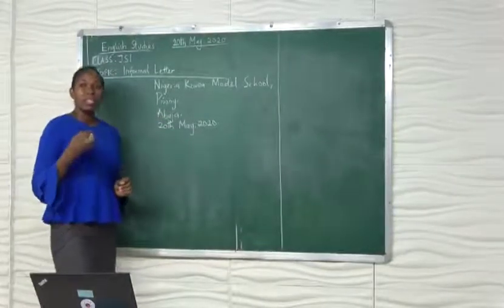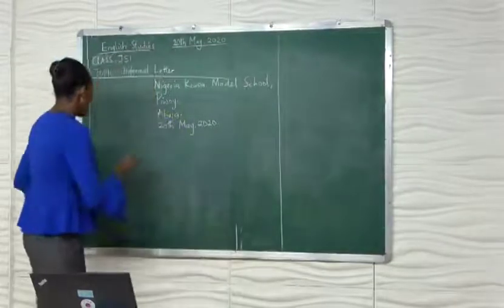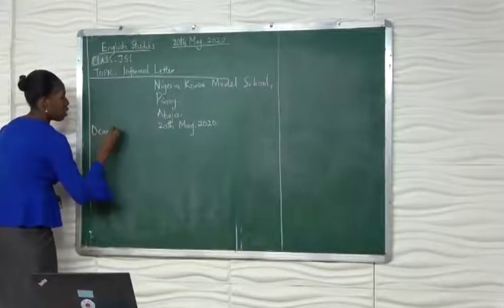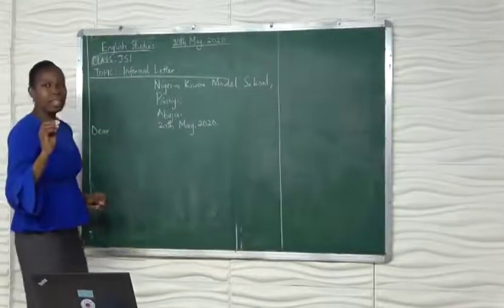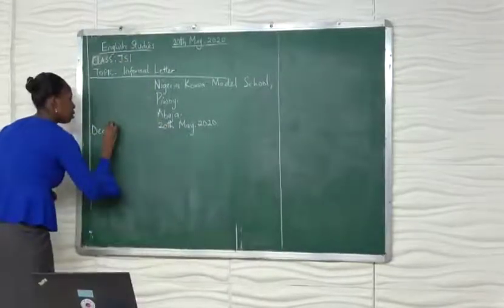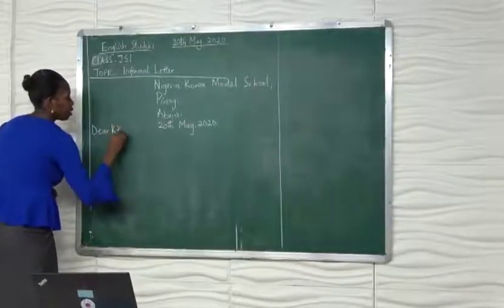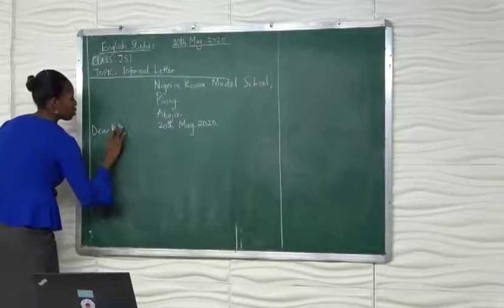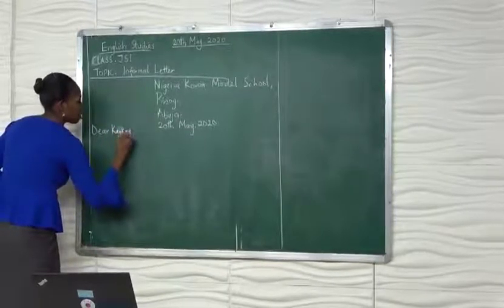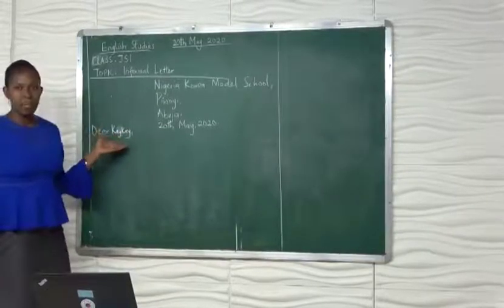Salutation is the way you want to greet the receiver in the letter. Let's see how you greet a friend. Let's assume you are writing to a friend whose name is Kola. Now, because it's an informal letter, we've just used a pet name.